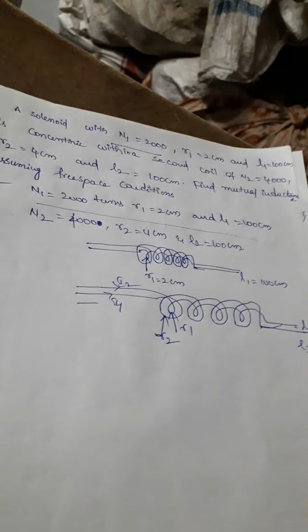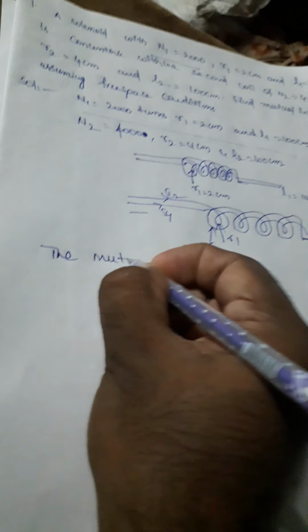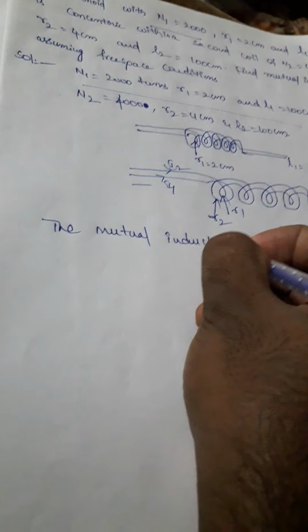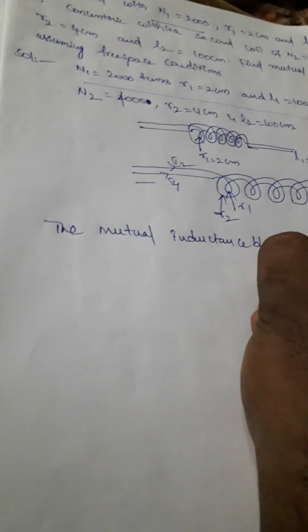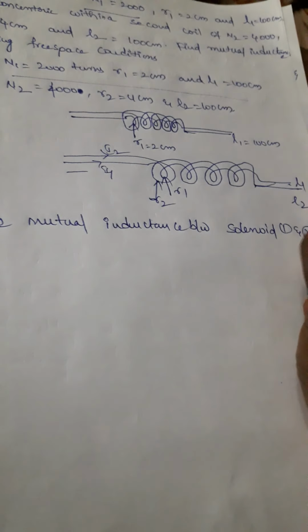Then we have to determine the mutual inductance between the two solenoids, or solenoid 1 and coil 2. Both are the same. So in order to determine the mutual inductance between solenoid 1 and 2, that is M12.